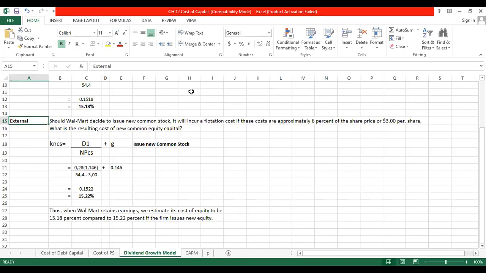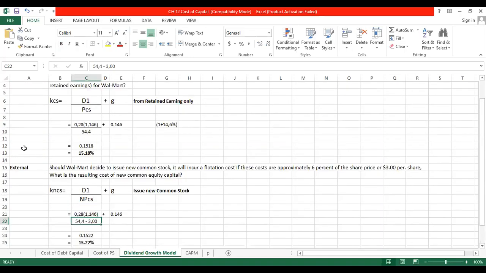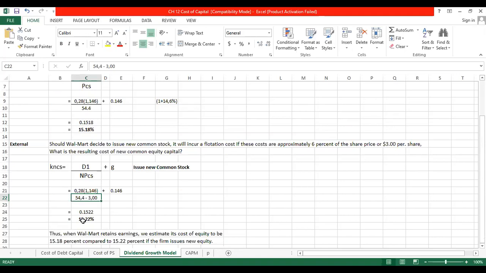If there is a flotation cost associated, then you have to subtract the flotation cost from the value. The other things will be the same as the retained earnings, so there is only a slight difference in the number. If you associate it with the flotation cost, you expect it will be higher than this.